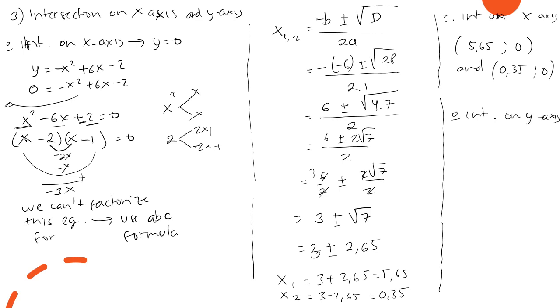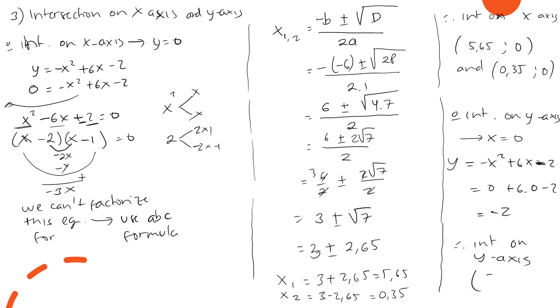Now this is much easier. x should be 0. Just fill in x as 0. 0 plus 6 times 0 minus 2 will be minus 2. And the intersection on the y-axis will be (0, -2), because x is 0 and the result y is minus 2.